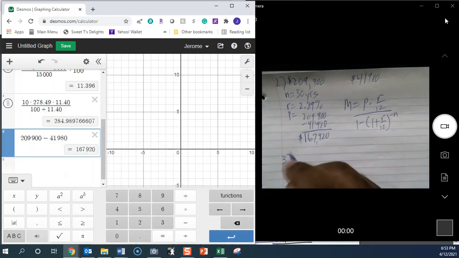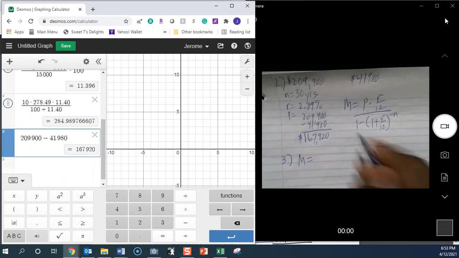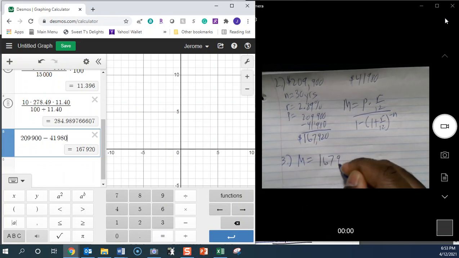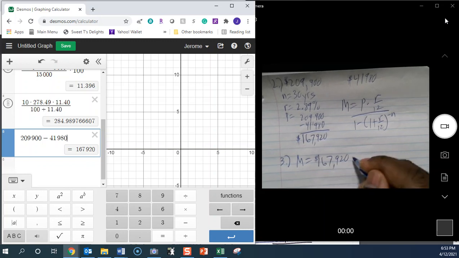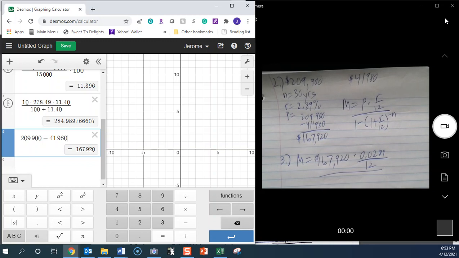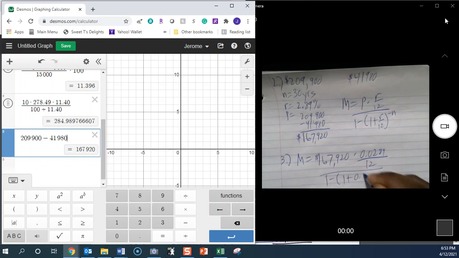So we have M is equal to the principal, $167,920, times the rate, which would be 0.0289 divided by 12, all over 1 minus 1 plus the rate, 0.0289 divided by 12, to the negative 360 power.